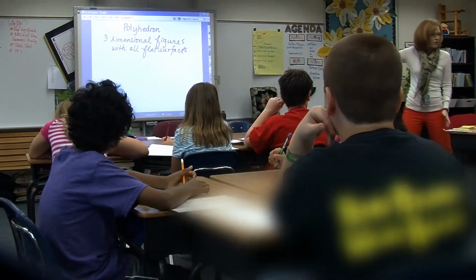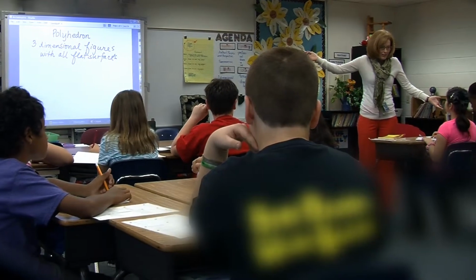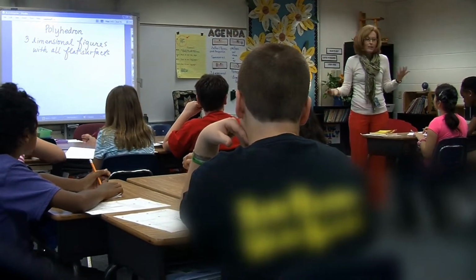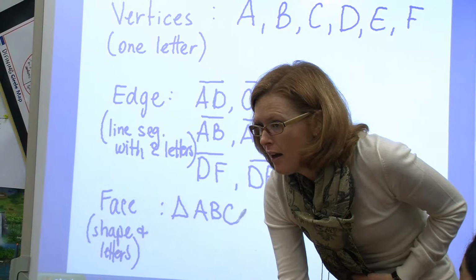Is it a polyhedron? The objective of that lesson is what is a polyhedron, that it is a three-dimensional figure with flat surfaces. We want to take the idea of a polyhedron and then break it up into its two main parts, a prism and a pyramid, helping students to identify the fact that prisms have two bases, pyramids have one, and what the shape of the rest of their flat surfaces would be.